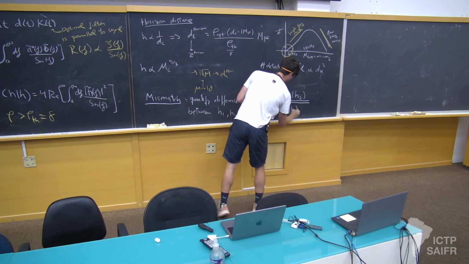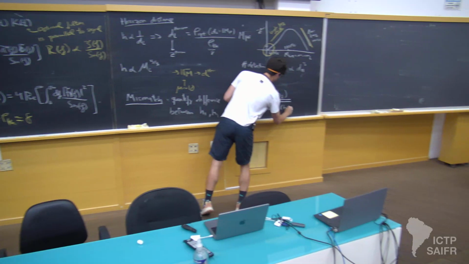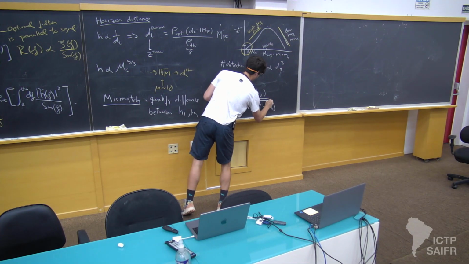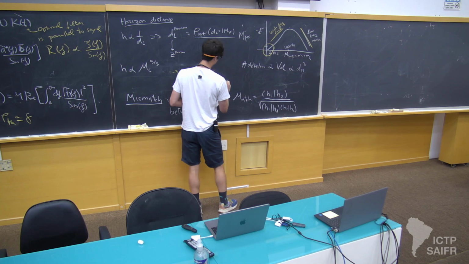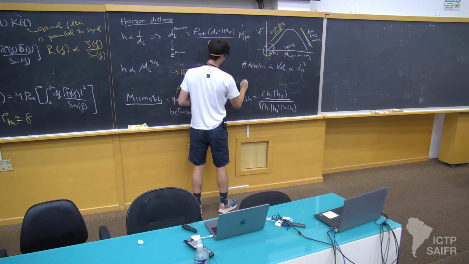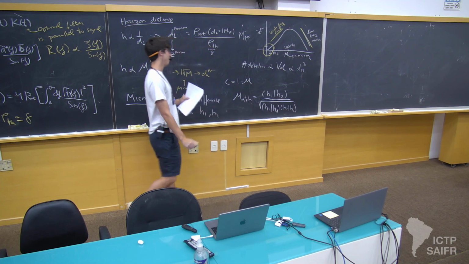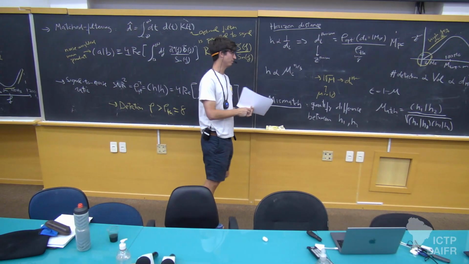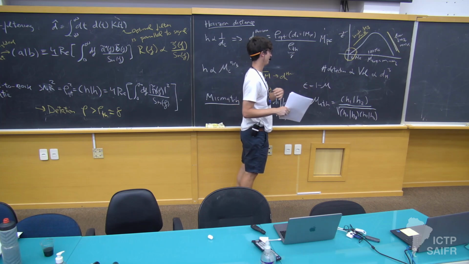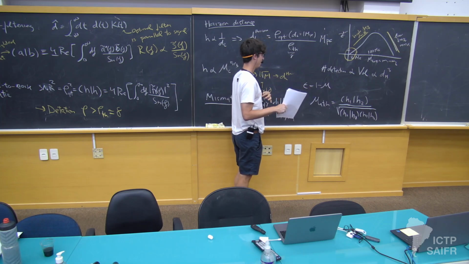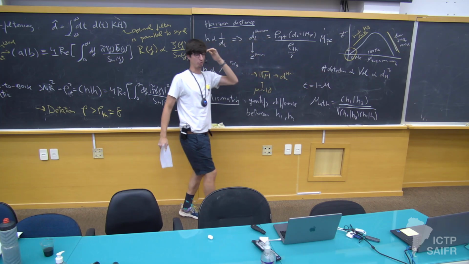Sorry, this is 1, 1, and 1, and this is 2 and 2. So the mismatch, sometimes referred to as epsilon, is 1 minus the match. And this is a way that you can use to quantify the difference between waveforms.